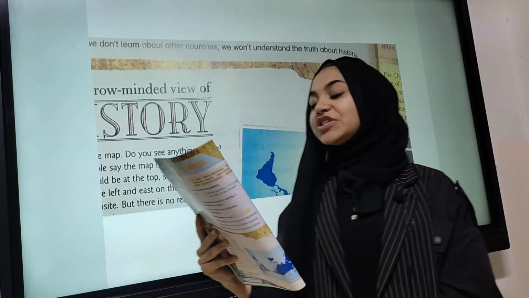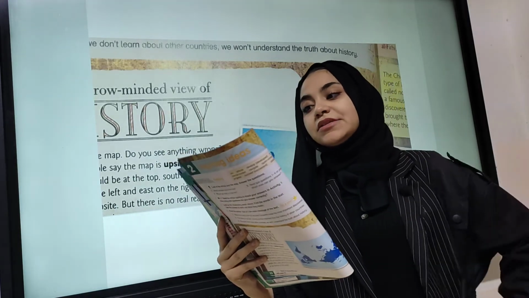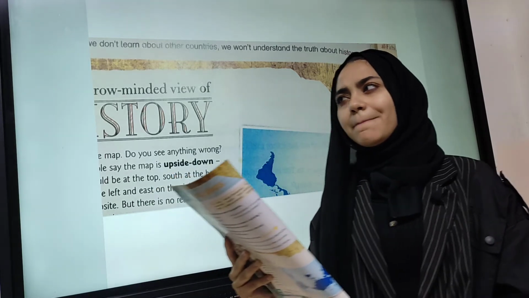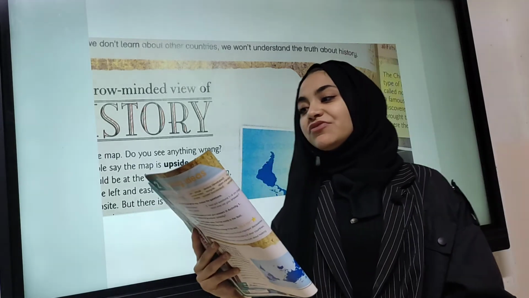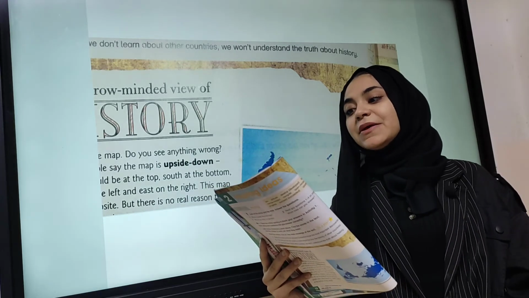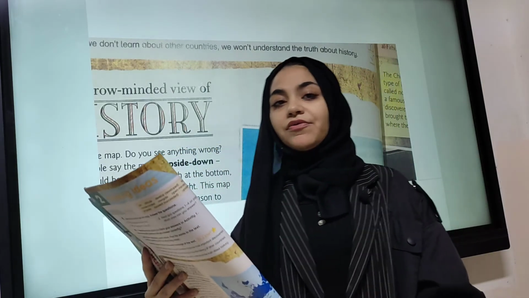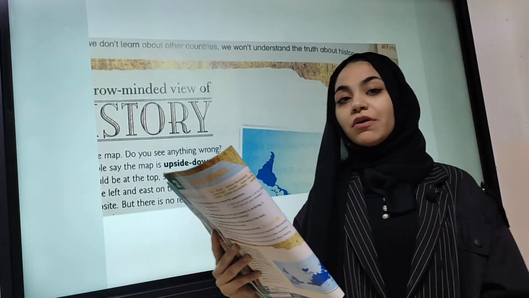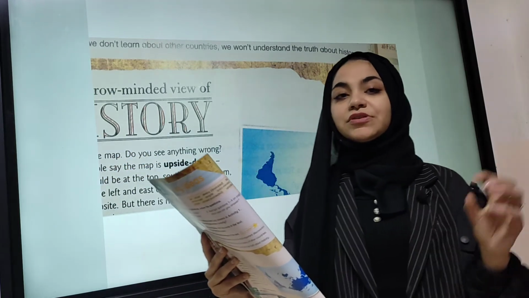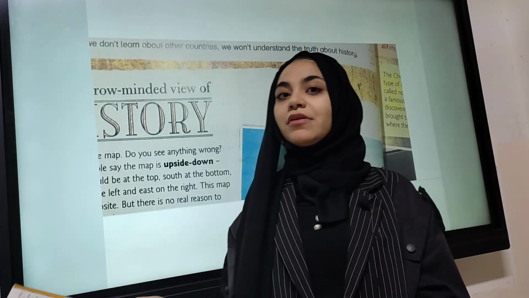Yes, a narrow-minded attitude to the world. Sometimes we fail. Why do we fail? To see that countries around the world are closely connected and every country has a part in history, and every country has its own history.